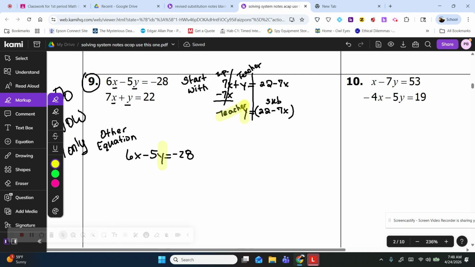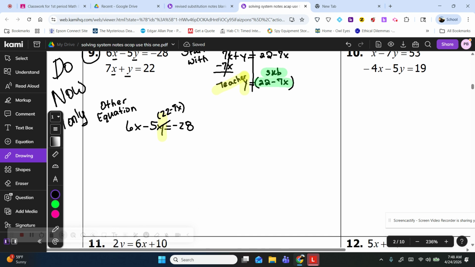The teacher goes, and who comes in? The sub. The only thing you need to do is take out y and replace it with 22 minus 7x. Everything else you treat as a student, and the students stay in their place, so they don't move. Everybody with me? So you get 6x minus 5 parentheses 22 minus 7x equals -28.